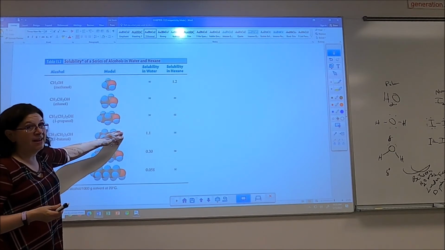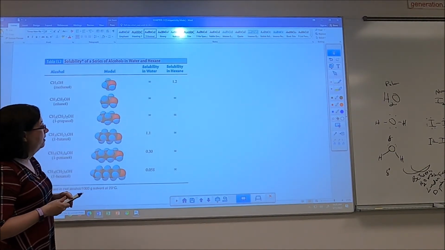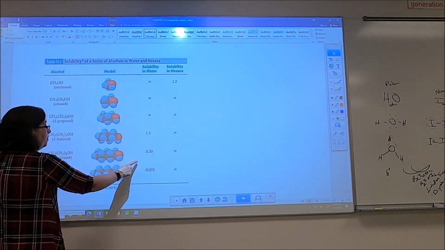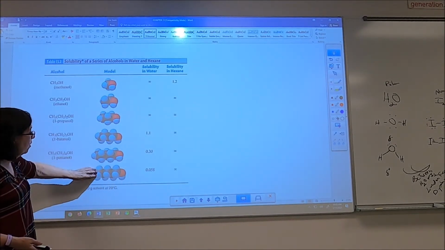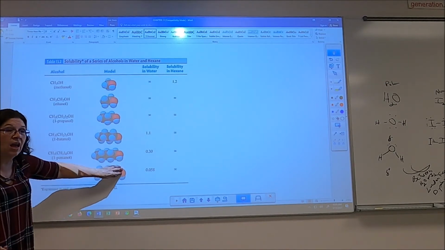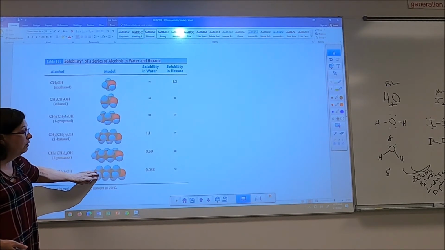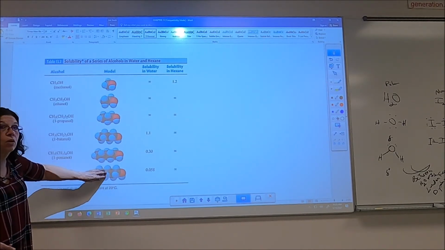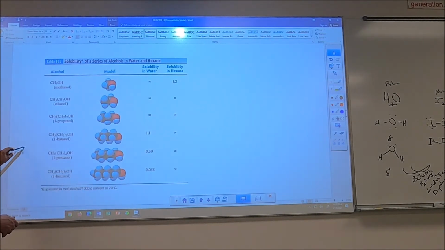It's got a polar side and a nonpolar side. And as the chain gets longer, the ability to dissolve in water goes down because more and more of the molecule is unable to hydrogen bond with water and is nonpolar. So the polarity of this thing decreases.